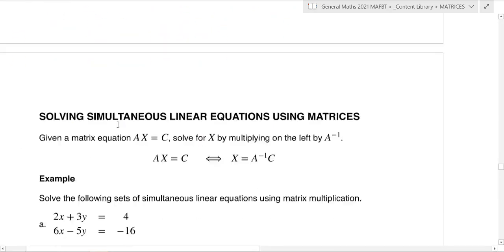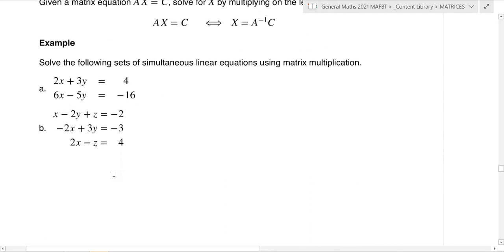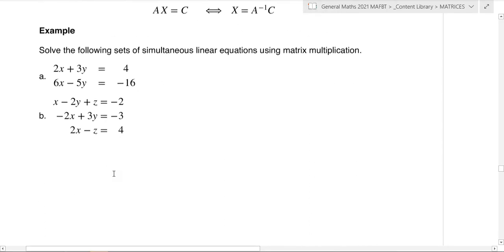Okay, so let's do this. Splitting these into matrices first. Let's do question A. Split them into your matrices. So you've got your number matrix. For question A, it's going to be 2. This is X, this is Y. So the X column, you've got 2, Y column, you've got 3.